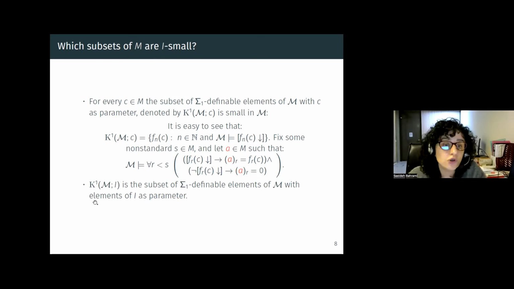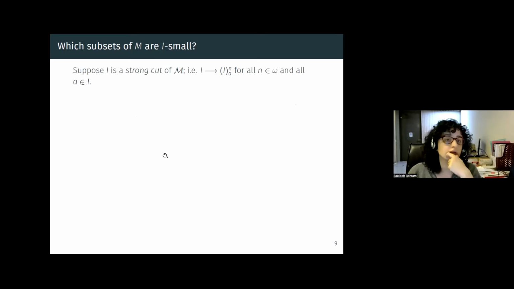But whenever we talk about K1 of M and I, when I is a cut, the parameters here come from this cut I. Here, it is not that easy to get rid of the repetition like this. As a result, we need the notion of strong cut here.